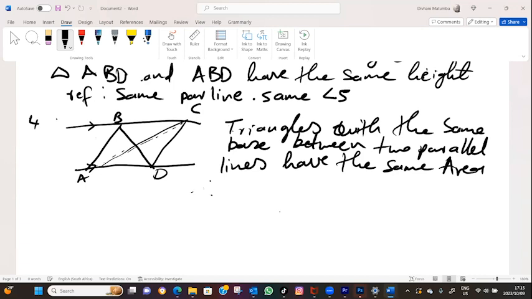Therefore, the area of triangle ABD is the same as the area of triangle ACD.